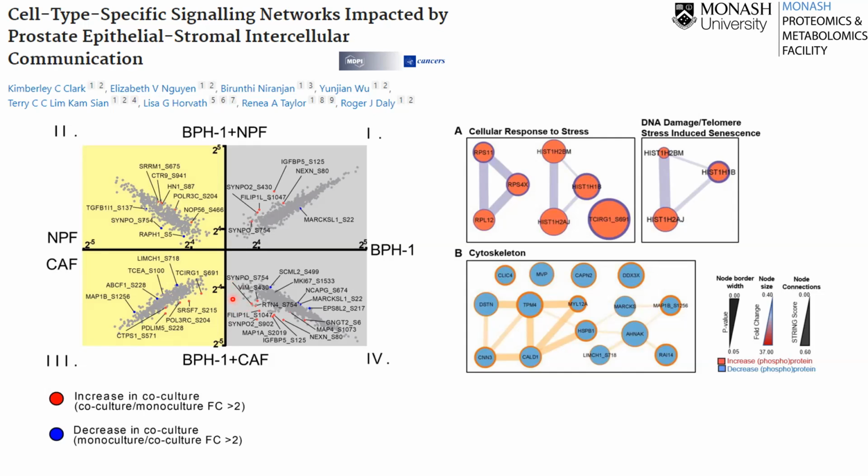And for example here, mixing those two cell types, we can see an increase in phosphorylation of these proteins here by mixing those two cell types together, and then a decrease in phosphorylation for those proteins here.